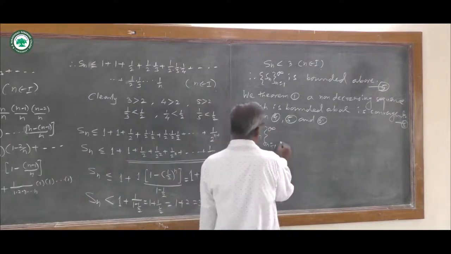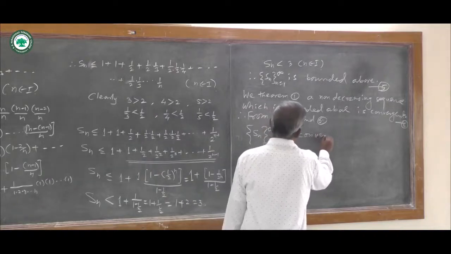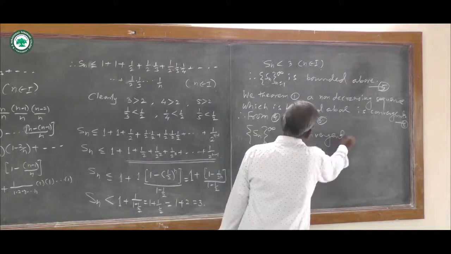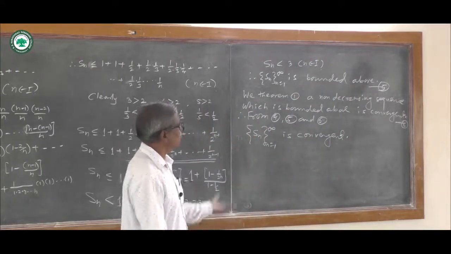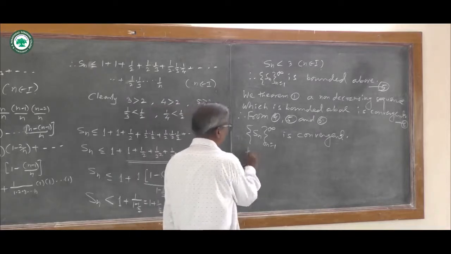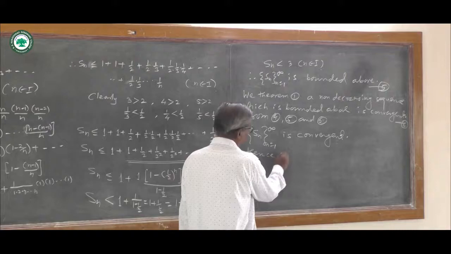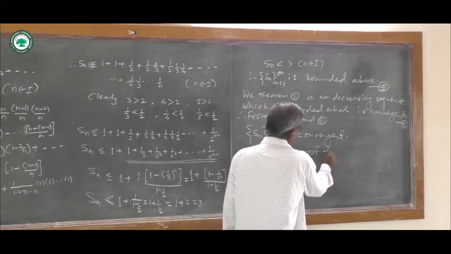The sequence Sn means 1 plus 1 upon n raised to n, n is equal to 1 to infinity, is convergent. Hence the proof of the corollary.